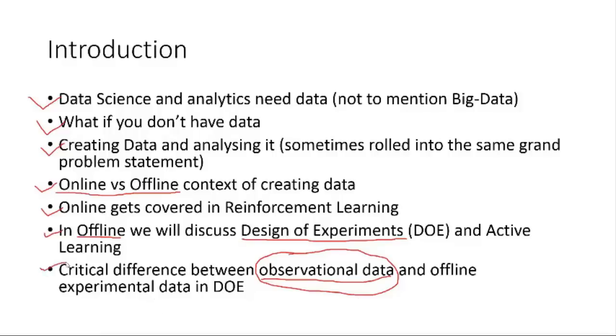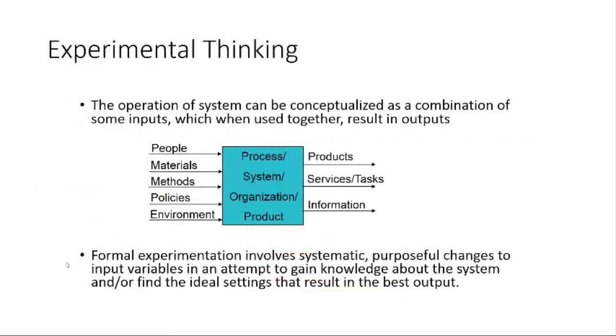Okay, so let's start with focusing our first lessons on experimentation and design of experiments. The core idea with design of experiments is that as long as you can conceptualize the operation of a system as some combination of inputs, which when used together result in outputs, you have the scope for this kind of black box creation, and a black box is essentially an understanding of the way the inputs and the outputs relate to each other.